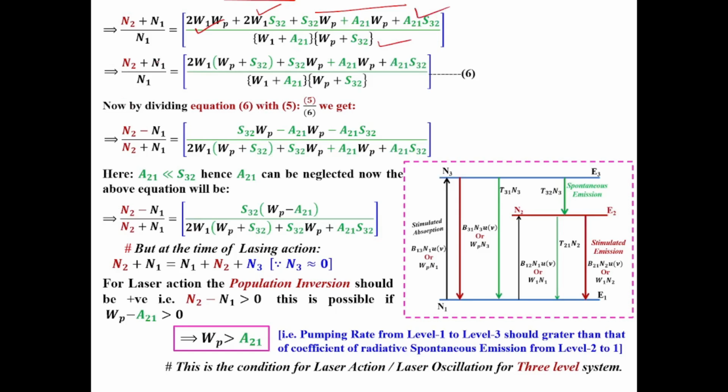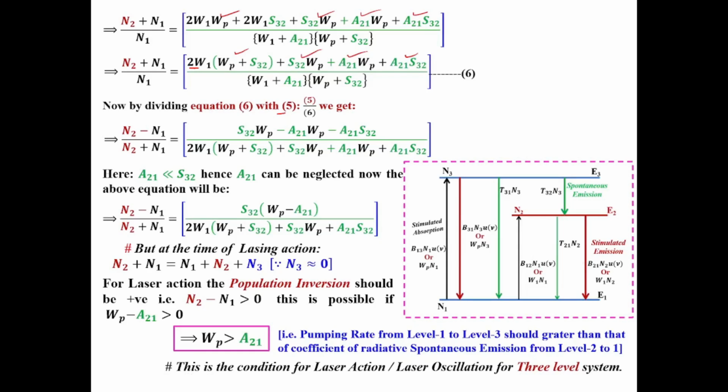That implies N2 plus N1 by N2 will be equal to, from these 2 terms, 2 W1 taken common, so 2 W1 into WP plus S32, and the other 3 terms written as such.